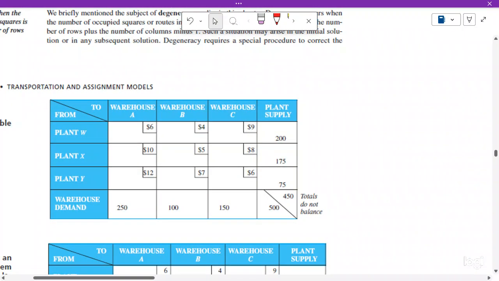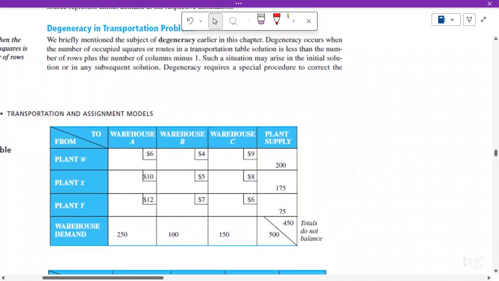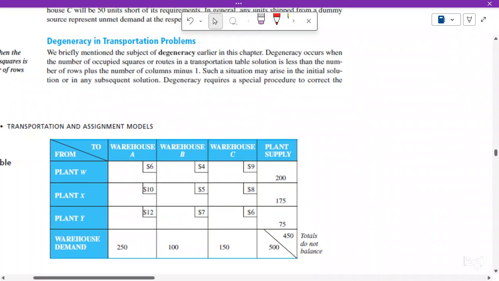Now, in this instance, we have this situation whereby our totals, ne?